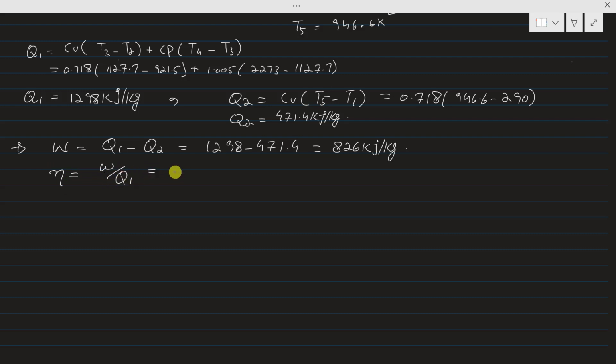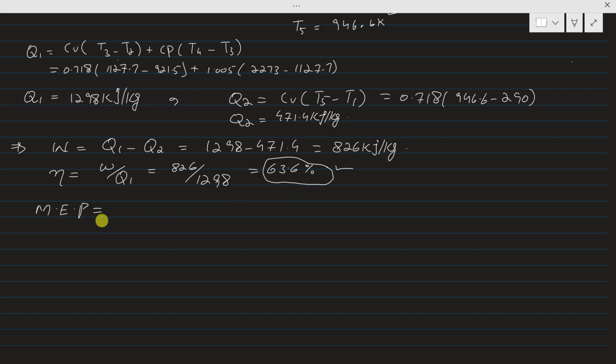So the net work output, that is 826 divided by heat that is supplied, that is 1298, and you will get its value, that is 63.6%. Next is to find the mean effective pressure, and this is the answer that is provided in the statement to find the efficiency of the cycle. So the efficiency of the cycle has been calculated.